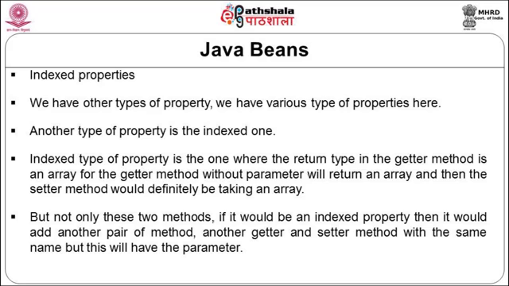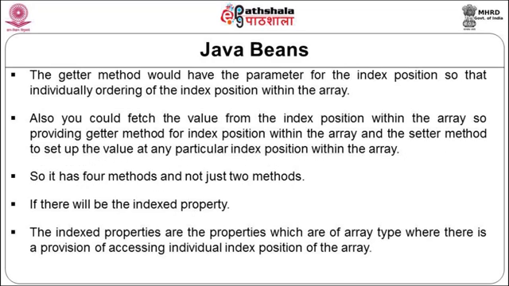If it is an indexed property, it would add another pair of methods, another get and set method with the same name, but this time with a parameter. The get method would have a parameter for the index position, so that individually you could fetch the value from an index position within the array, and a setter method to set the value at any particular index position within the array.